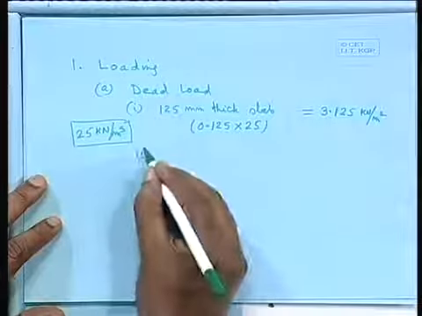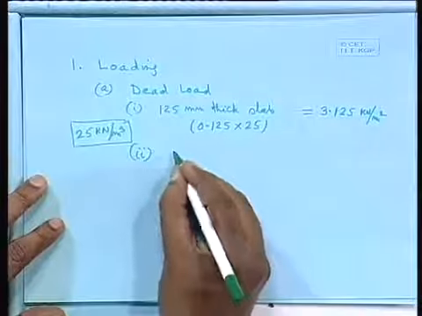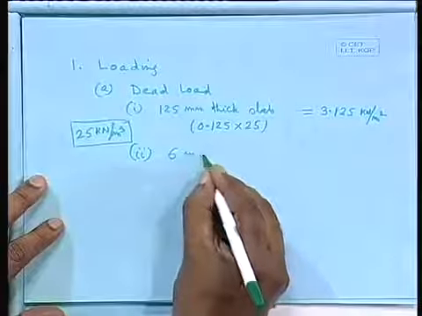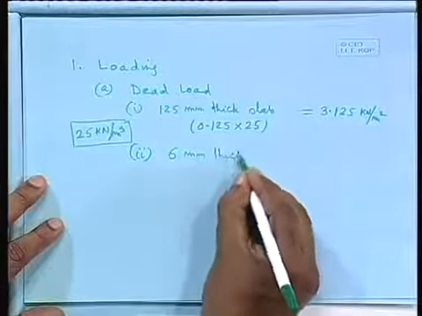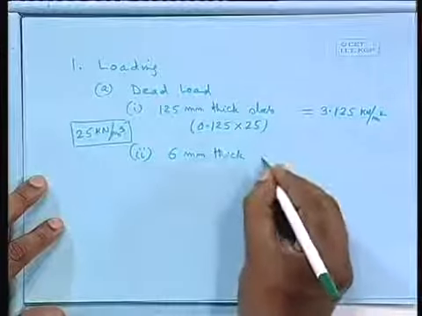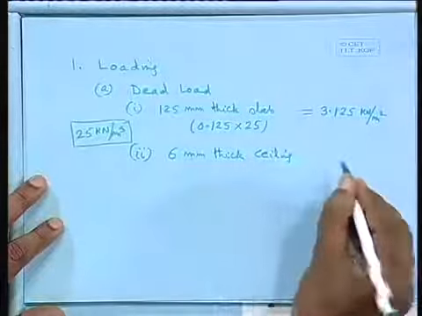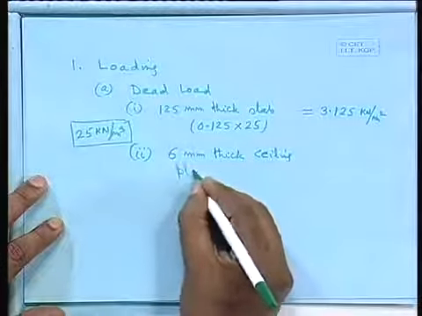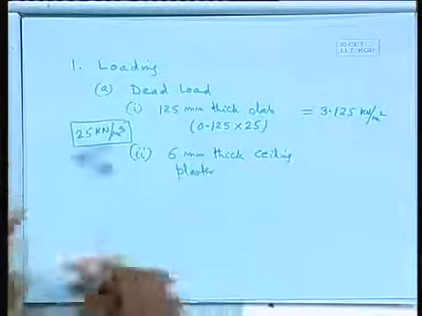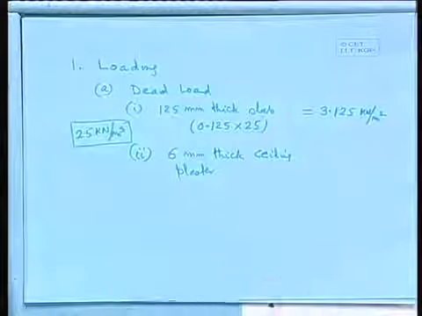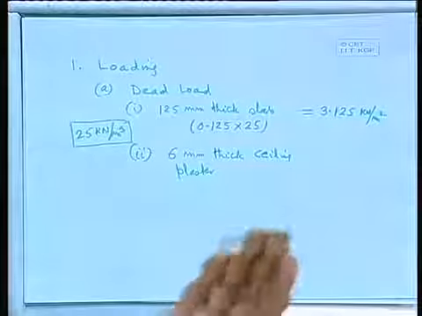Number 2, 6 millimeter thick ceiling plaster. That means at the bottom of the slab, we are providing plaster, and that is 6 millimeter thick.